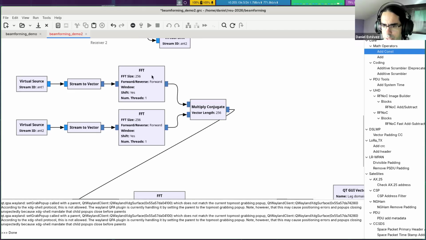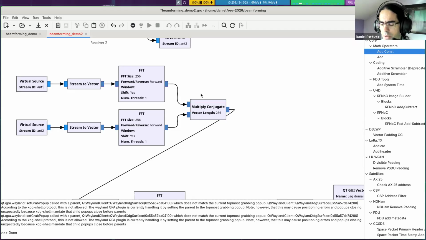So stream to vector, we always needed to use FFTs, then the FFTs themselves. And then the only difference is if I was doing the spectrum of each receiver, I would do complex to magnitude squared in here, and I would have the spectra of each of the two receivers. But the thing I'm going to do is to do the multiply conjugate.